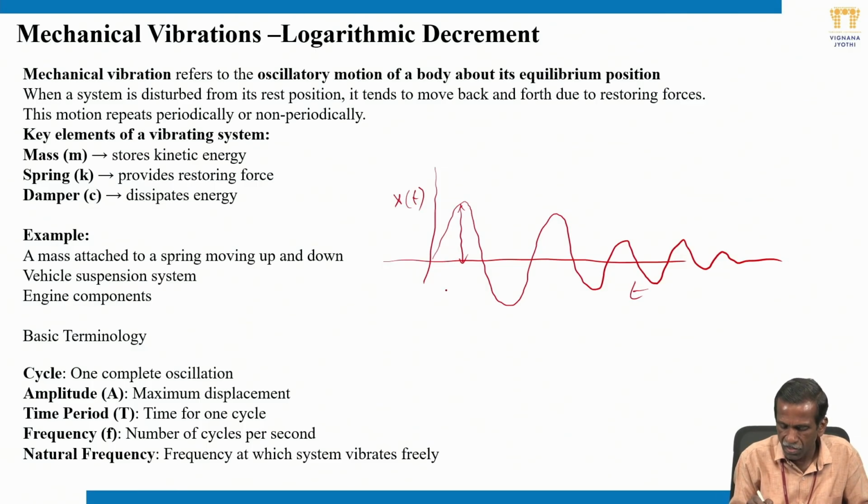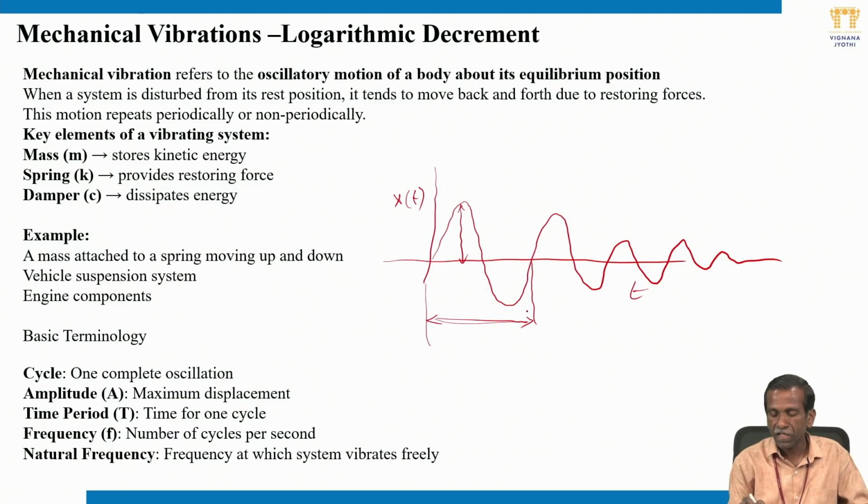The cycle means it completes one time period. This is one cycle. Its repetition completes in a particular time period. The displacement increases, decreases, again reaching zero, the starting position. So this is one cycle.